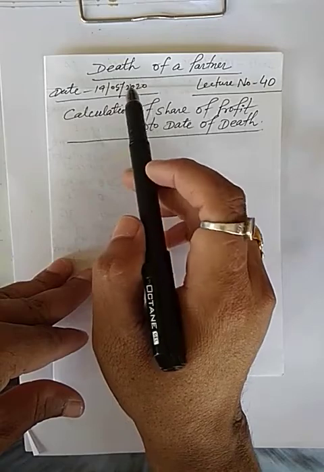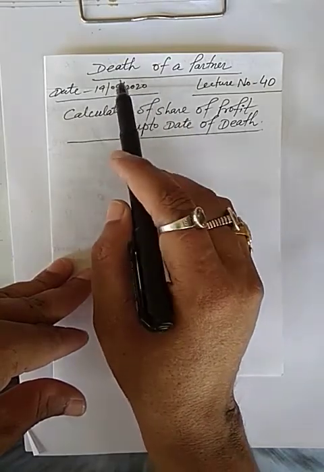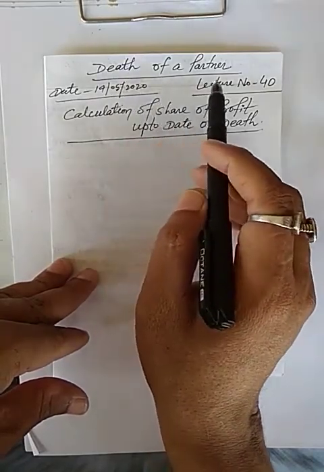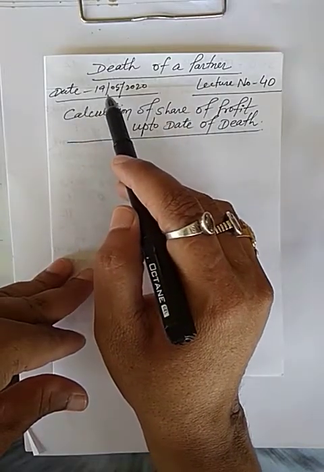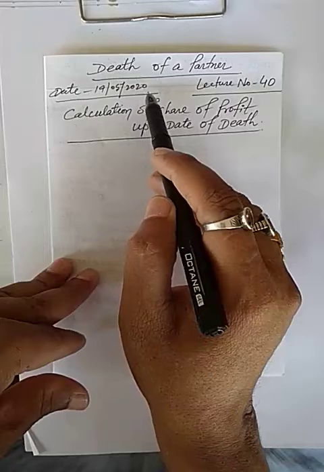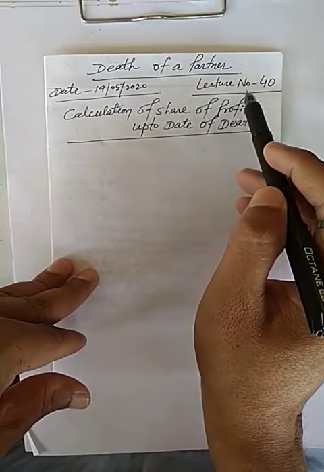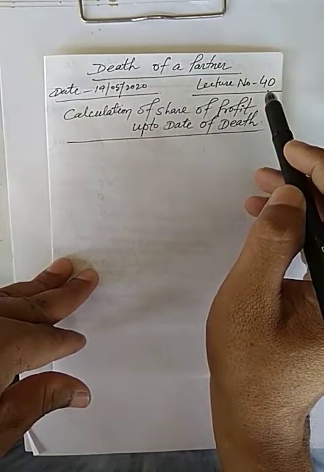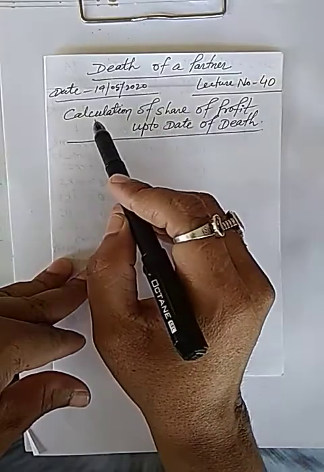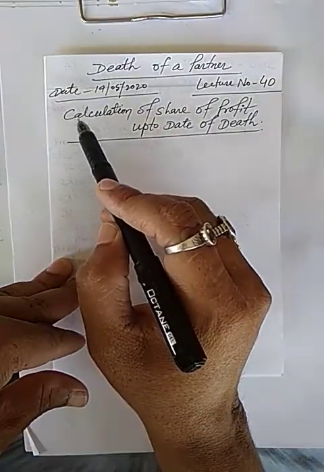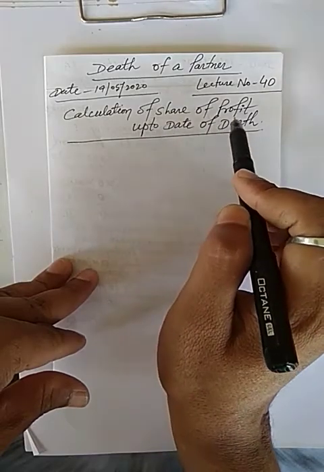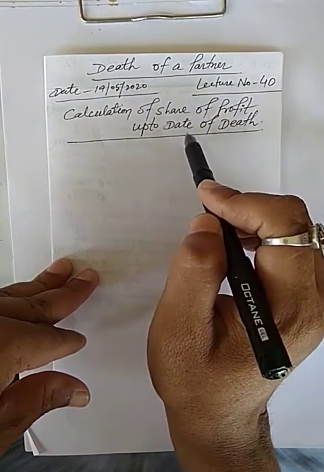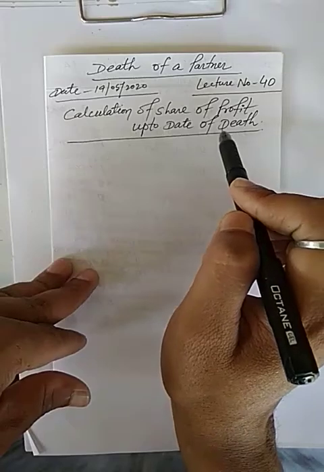Today I am continuing the chapter Death of a Partner. Today is 19th May 2020. This is my lecture number 40. The topic is calculation of share of profit up to date of death.